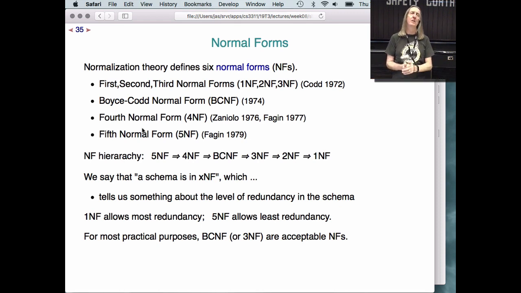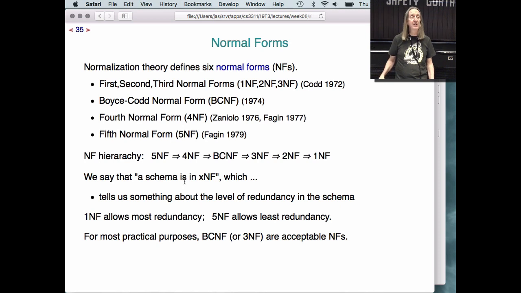And if your schema is in fifth normal form, then you're guaranteed that a lot of redundancy problems have potentially gone away.